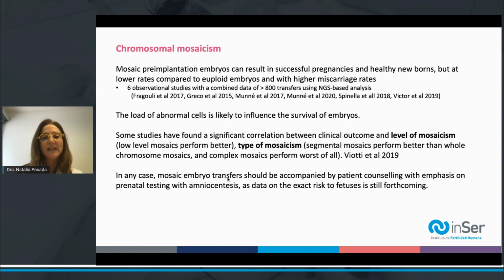And the complex mosaics, in which one embryo can have different chromosomal abnormalities in a mosaic fashion, do worst of all. In any case, when there's going to be the transfer of mosaic embryos, this should always be accompanied by patient counseling with emphasis on the need for prenatal testing with amniocentesis, as we are still evaluating what the exact risks for these fetuses will be.